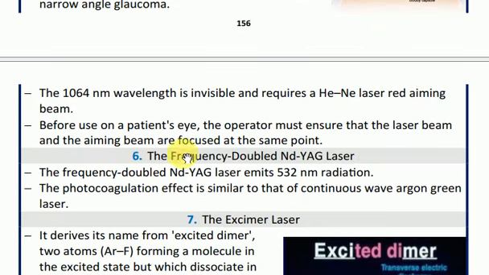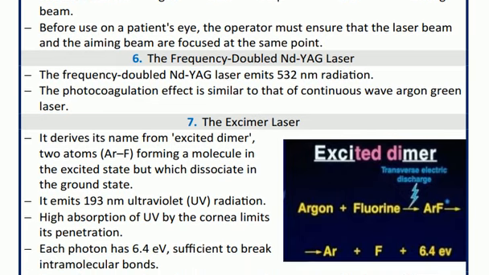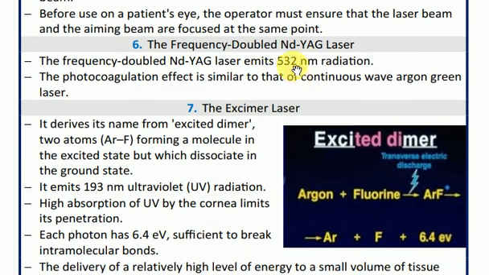The 1064 nm wavelength is invisible, so it requires a helium neon laser red aiming beam. Before use on the patient's eye, the operator must ensure that the laser beam and the aiming beam are focused at the same point. Frequency doubled Nd:YAG laser emits 532 nm radiation. Its effects are similar to those of continuous wave argon laser.